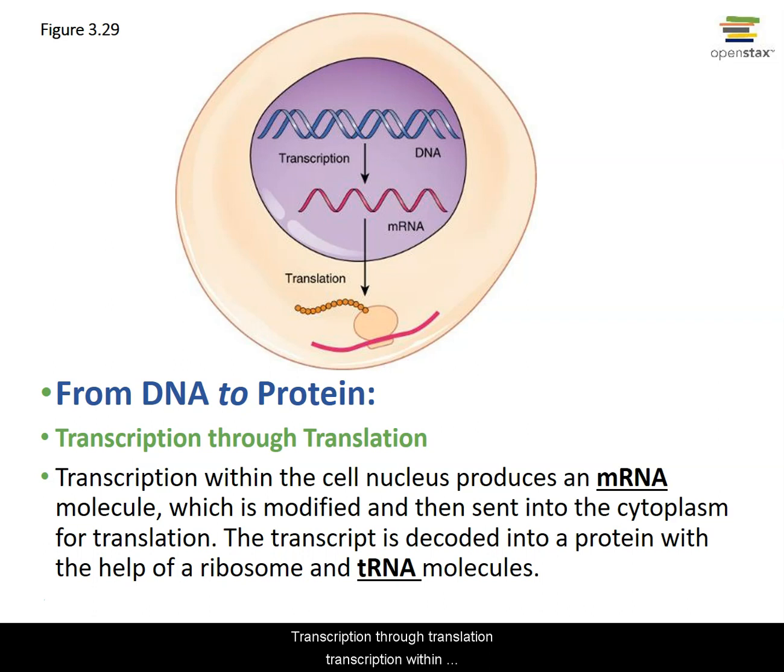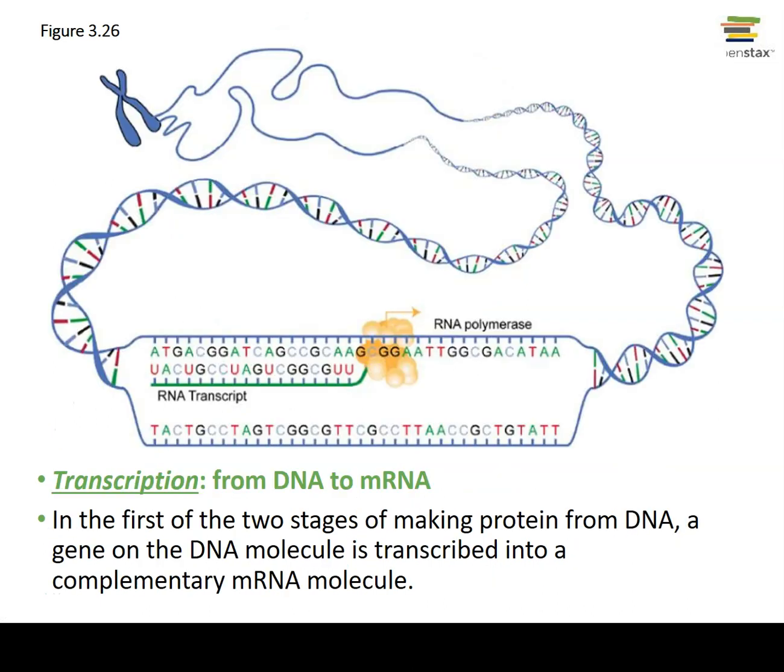Transcription through translation. Transcription within the cell nucleus produces the messenger RNA molecule, which is modified and then sent to the cytoplasm for translation. The transcript is decoded into a protein with the help of ribosomes and transfer RNA molecules.